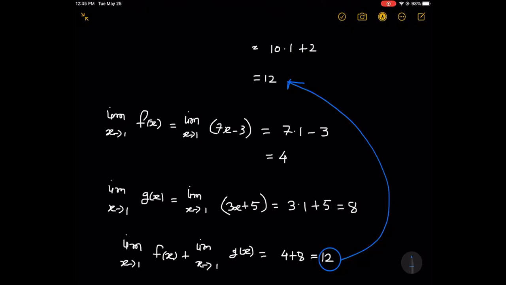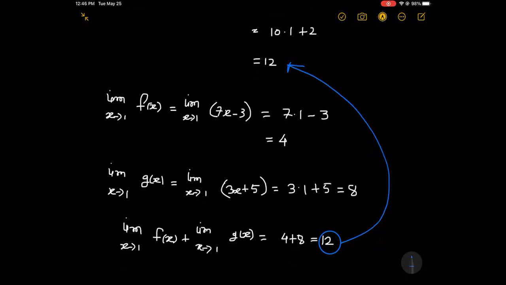Yeah, definitely. Because as I said, you can find it for any value of x. It might not exist, but whether it exists or not, if it exists, you can calculate it for any value. This function, for example, could be calculated for x tends to 2, x tends to 3, for anything. So yeah, it will definitely be given. No worries.